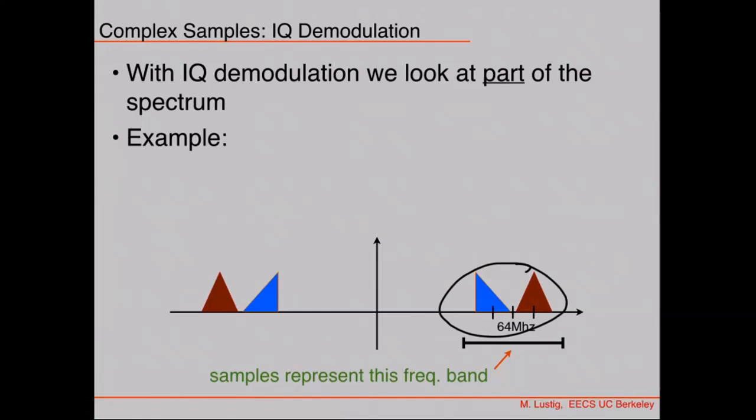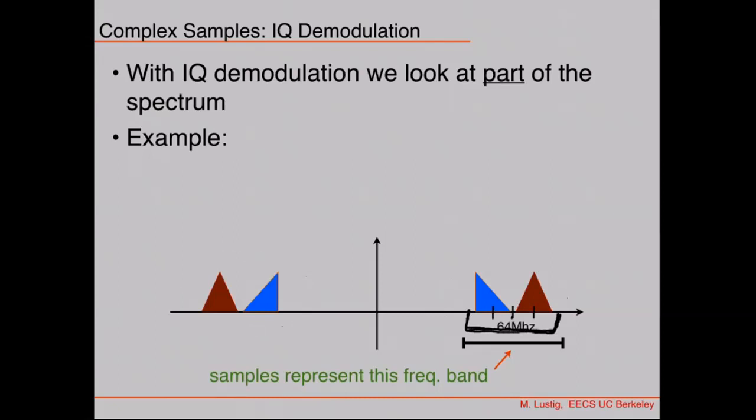Because if I know this part of the spectrum, I know this part of the spectrum. It's just conjugate symmetric. So what I want to do is process that signal such that my result would just represent this part of the bandwidth.